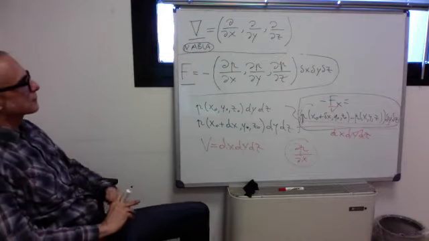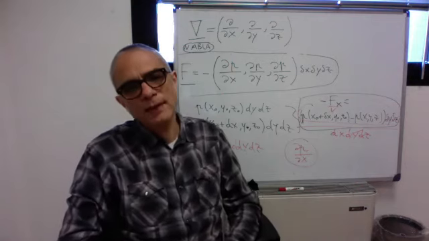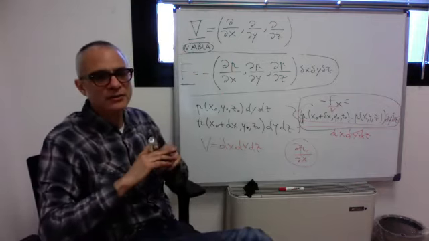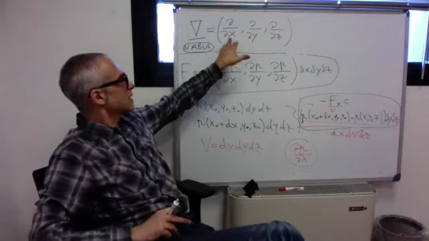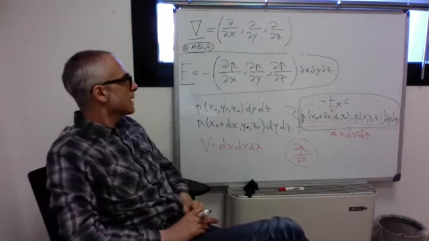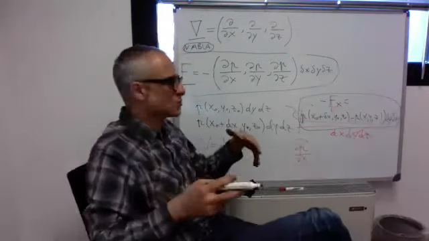So what do I mean by operator? It's a funny hybrid of a vector and a derivative, in the sense that it contains some derivatives as its components, but then you can use it the same way as you use a vector.